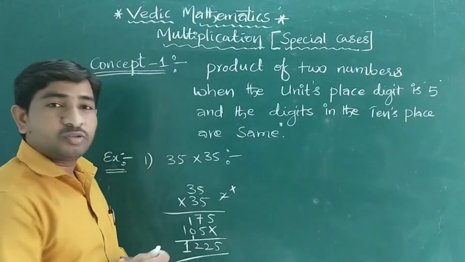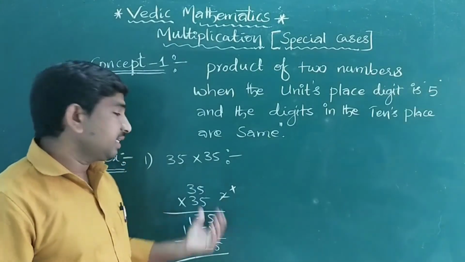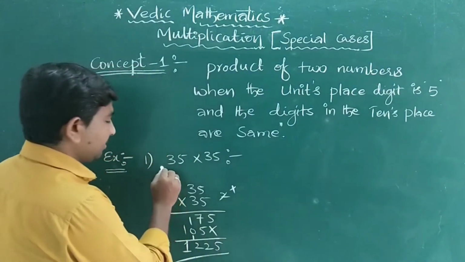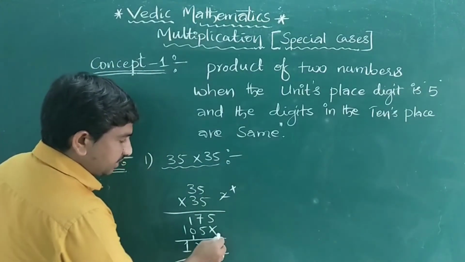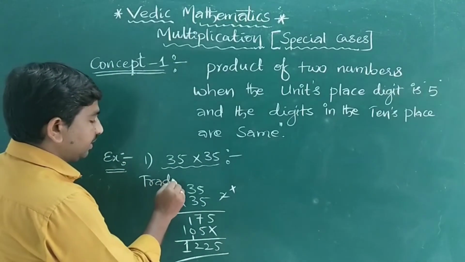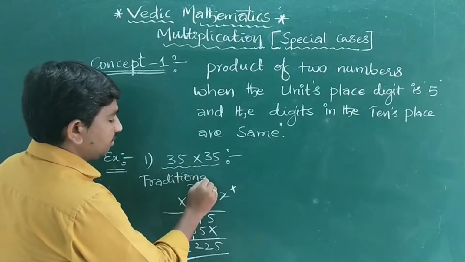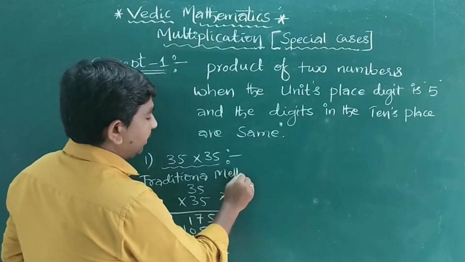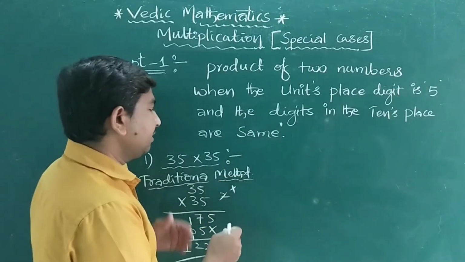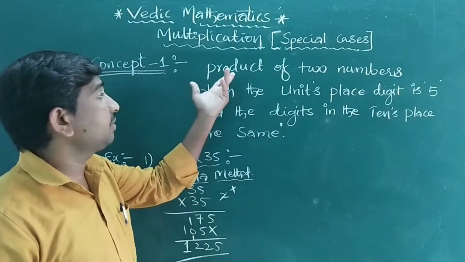Finally we got 1225. This is the traditional method that we regularly use.